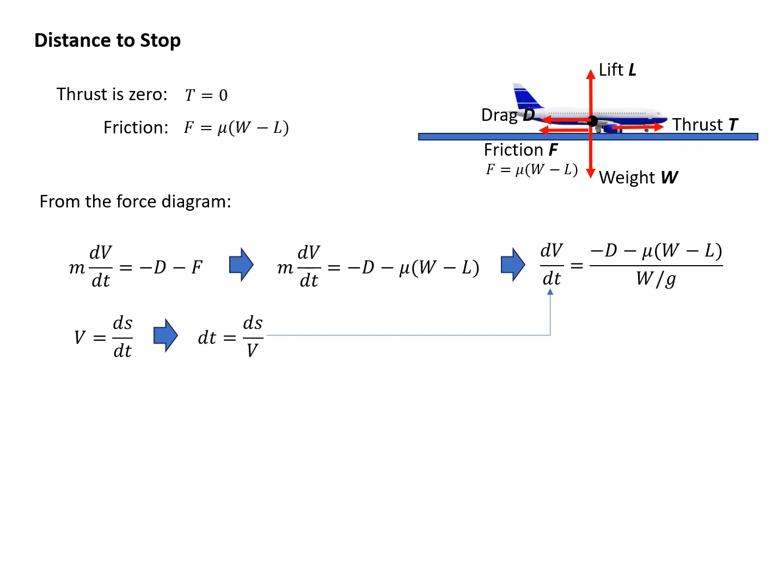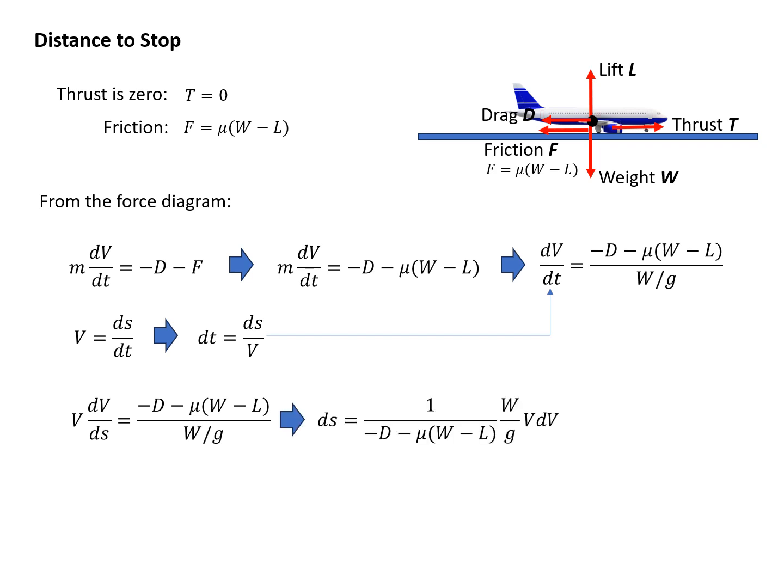Now we replace dt by ds over v in the above equation, and then we have this relation: v times dv over ds equals the right hand side. So we write ds explicitly, and then we can do the integration against dv.